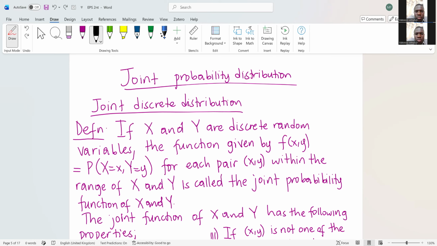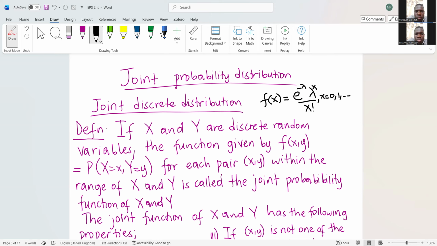For example, we saw that the Poisson was a discrete distribution, defined as e to the power negative lambda, lambda to the power x over x factorial, with x starting from 0, 1, and so on. That was the Poisson distribution.